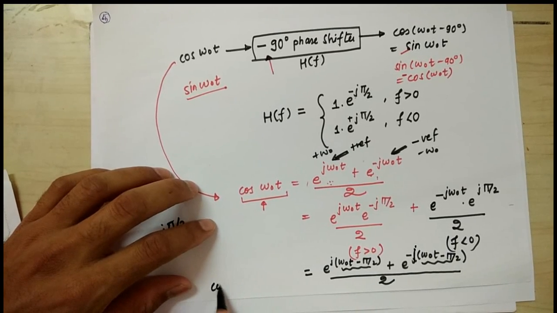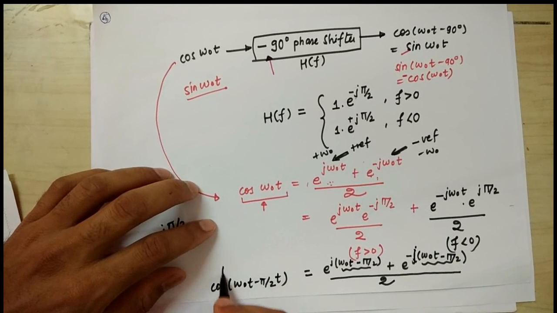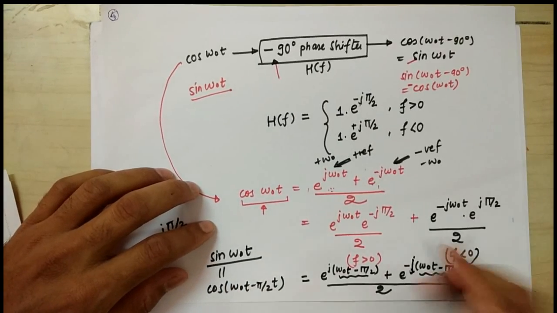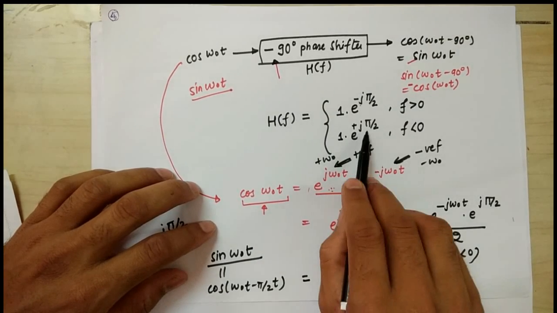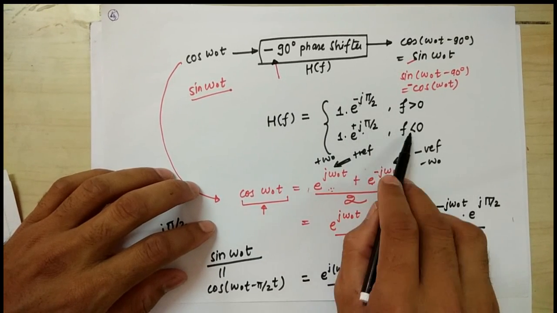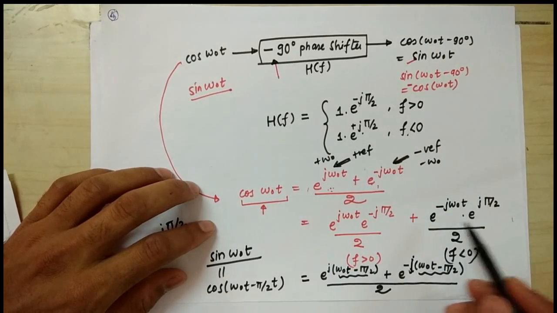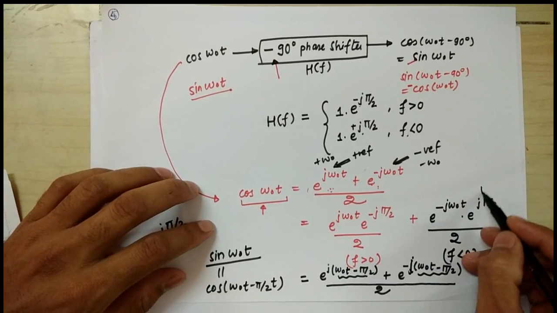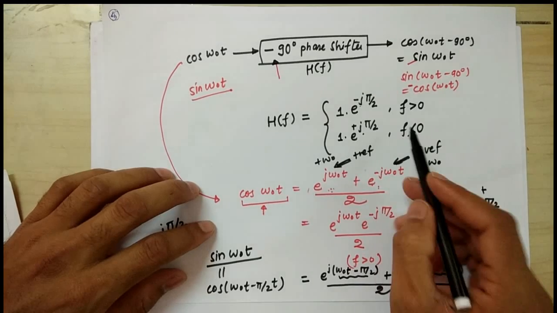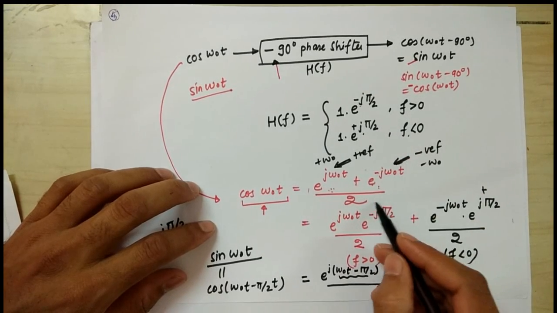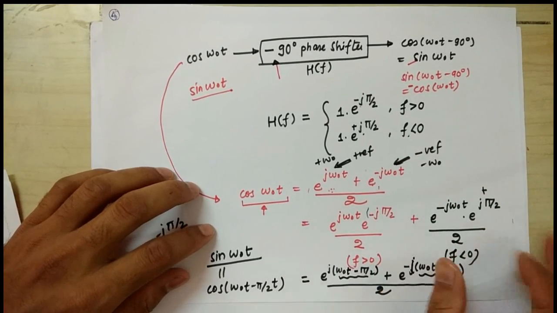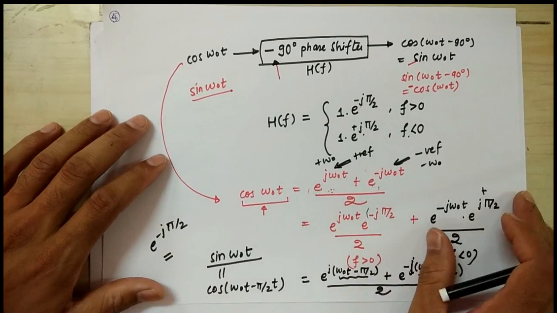So this is cos of omega naught t minus pi by 2, which is basically sine of omega naught t. So you can see the plus pi by 2 shifting for negative frequency, and for positive frequency it shifted by minus pi by 2. So this is basically the minus 90 degree phase shifter.